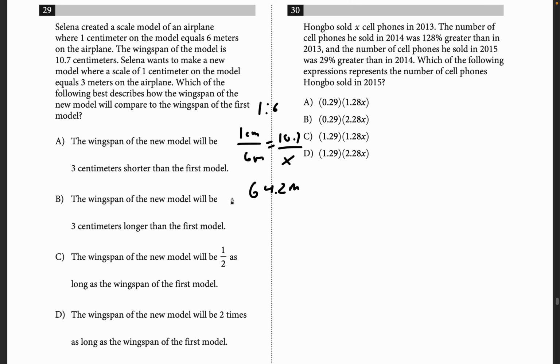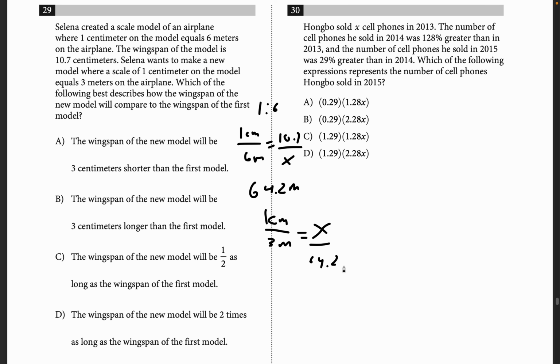Next, he wants to make a new model where 1 centimeter equals 3 meters. Then we can say 1 centimeter over 3 equals x over 64.2 meters.